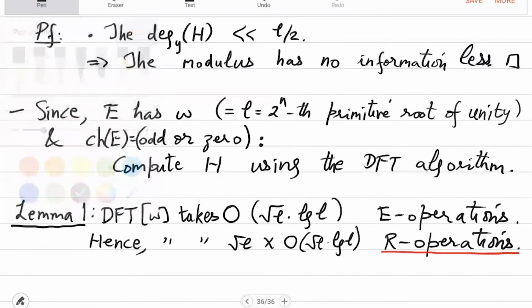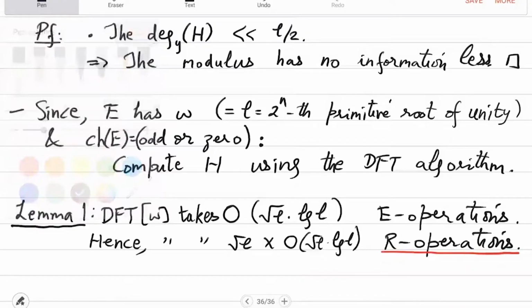Do you agree with this? It's actually just L log L R operations, only talking about DFT omega. The reason is that there was actually no multiplication happening in that. Multiplication was of a very simple type. You were just multiplying by powers of omega, and then taking linear combinations. So if these basic coefficients are of degree at most square root L, then going from E operation to R operation, you will only multiply by square root L. So your time complexity is only L log L in terms of R operations. That's the first claim.